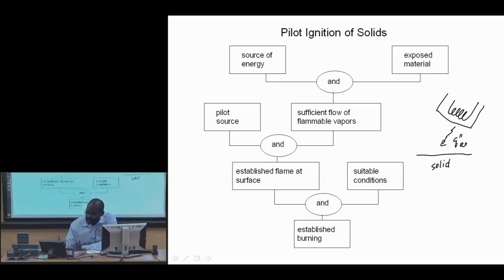The radiant source is going to set up a temperature profile in this solid. So the solid might have been initially at some temperature T0, and as this heat flux interacts with the solid, the interface temperature is going to increase, and there's a penetration of this thermal wave into the solid material.